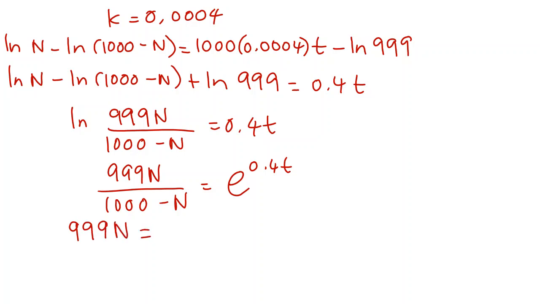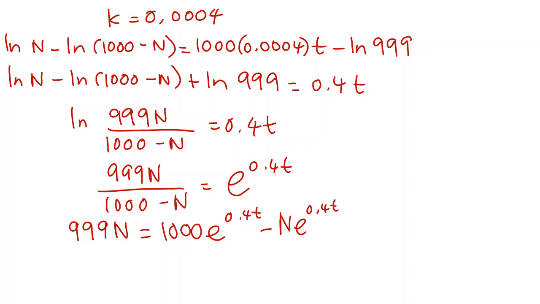So you will have 999n equals 1000 e to the power of 0.4t, and then minus n e to the power of 0.4t here.